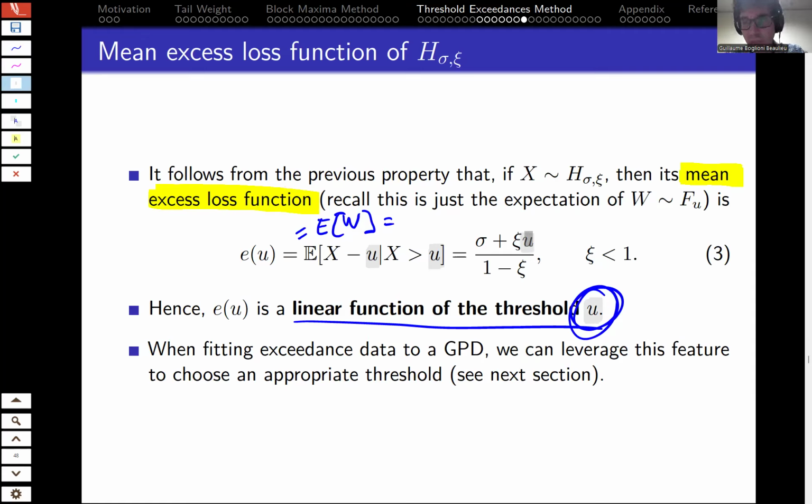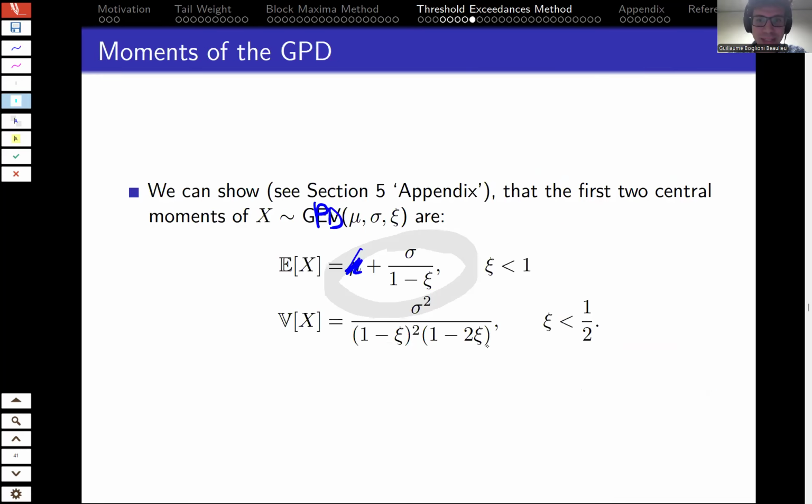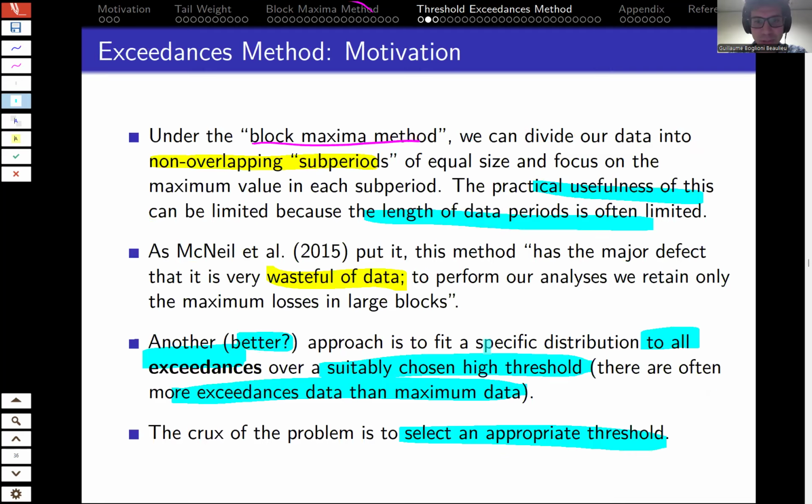for the two-parameter GPD. And this is a fact that we can leverage when we fit exceedance data to the GPD. It really is helpful to find the appropriate threshold to use in practice when we actually do fitting. What I mean by the appropriate threshold is simply this. We go back to our picture with the histogram.